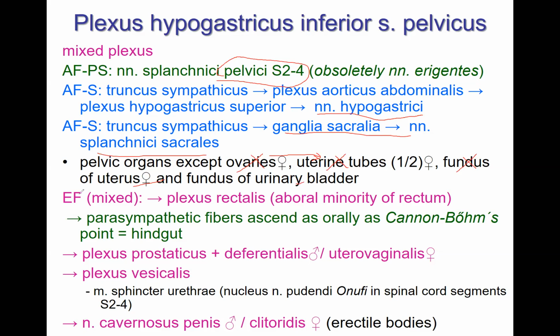And what the plexus itself supplies, as I said, is the hindgut, urinary bladder together with the prostate, and deferent duct. In females, uterus and vagina, and in both, cavernous nerves to cavernous erectile bodies. Yeah.